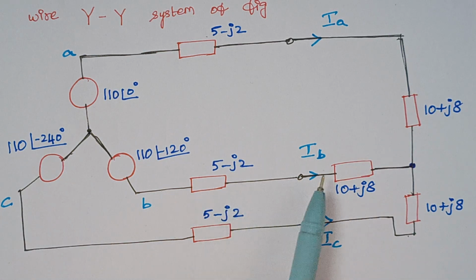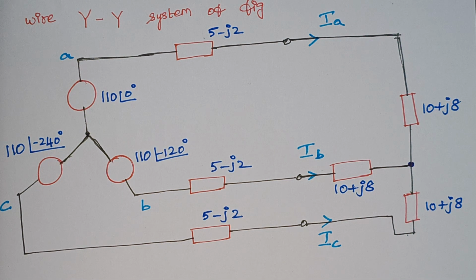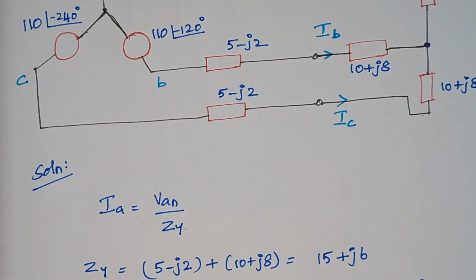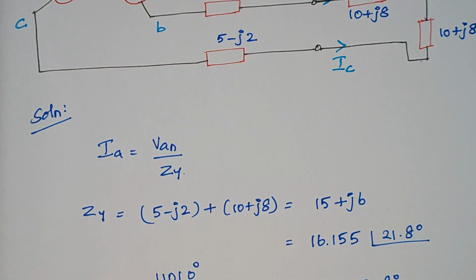Similarly, these two are connected in series and again these two are connected in series. So now we are going to find the impedance of a single branch, which is denoted as ZY here. ZY is nothing but, since impedances are in series, we can directly add. So just add them and when you convert this rectangular form to polar form, it is like this.